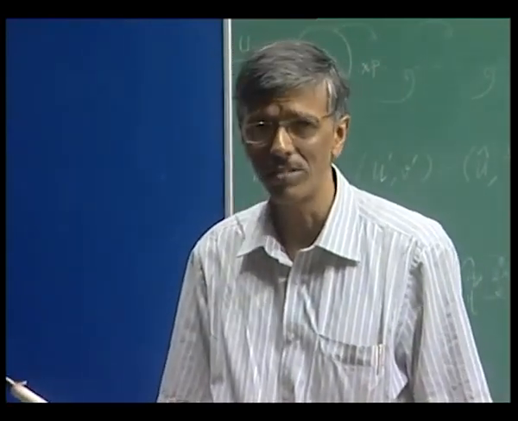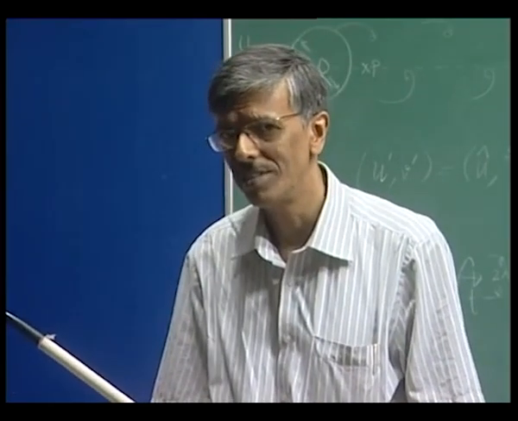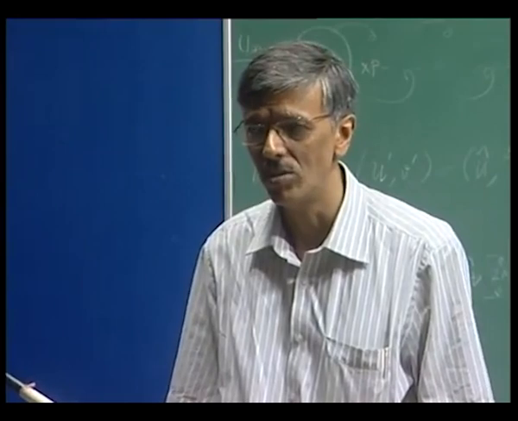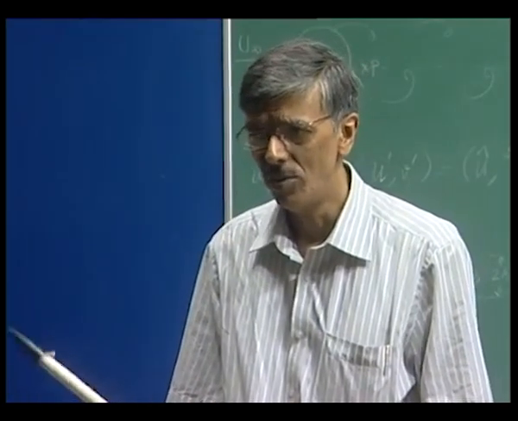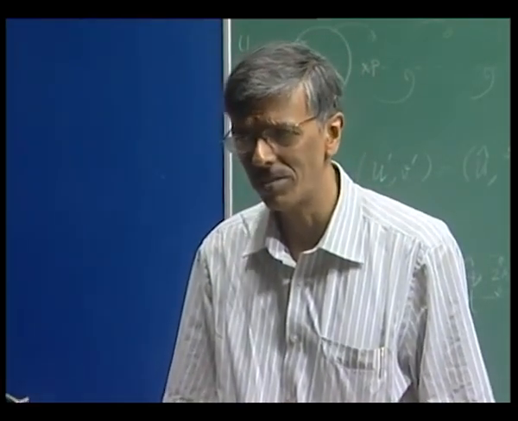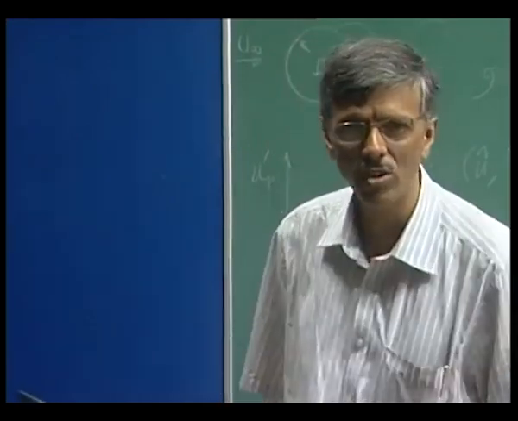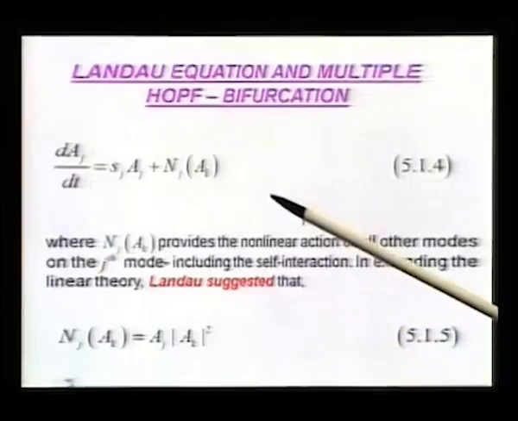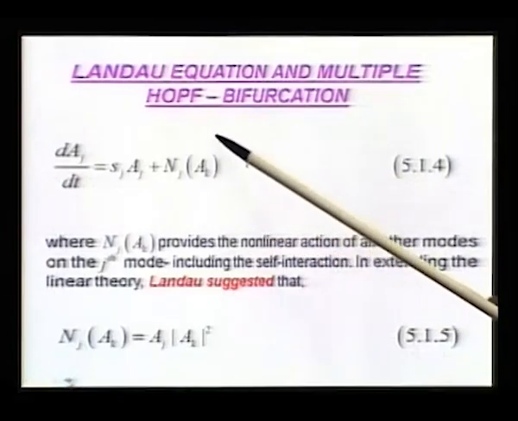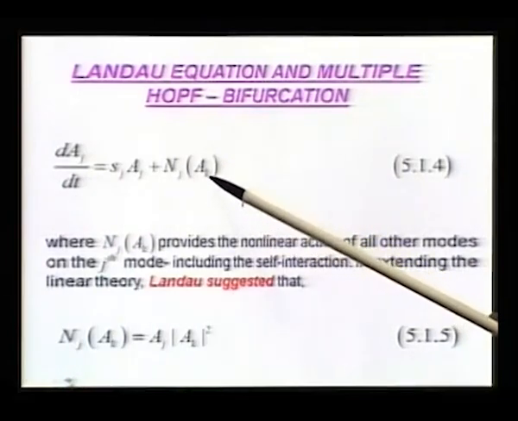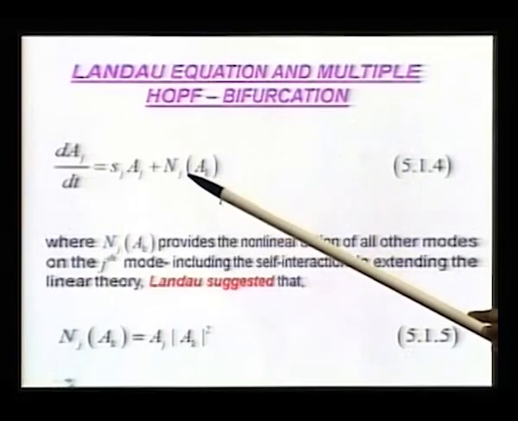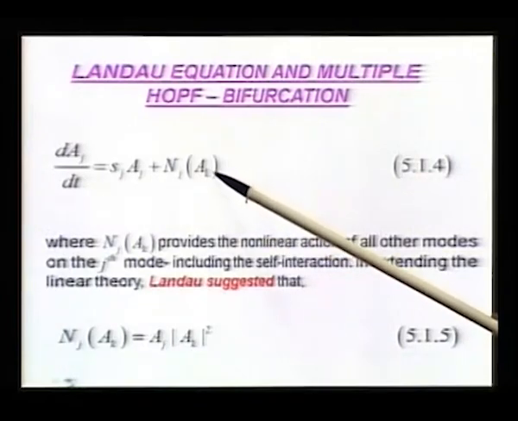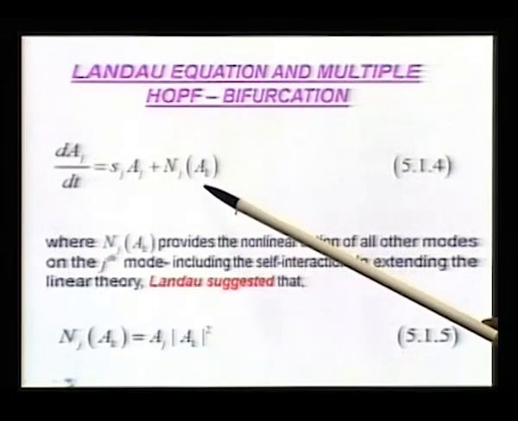That was one of the reasons that we talked about normal mode analysis, where we studied individual modes. However, when you are talking about a nonlinear dynamical system, superposition does not hold. So each mode is affected by the other modes, and that in a formal way has been written down in an operator form. So N_j is a nonlinear operator working on the jth mode, and that is created by all possible modes present.